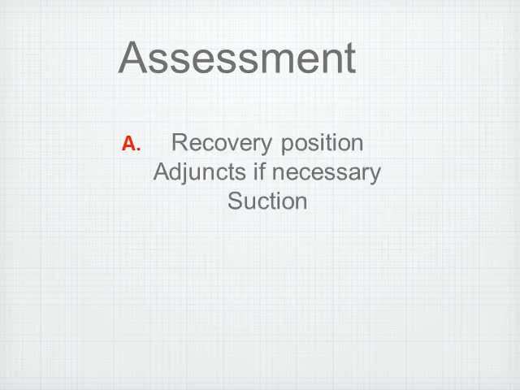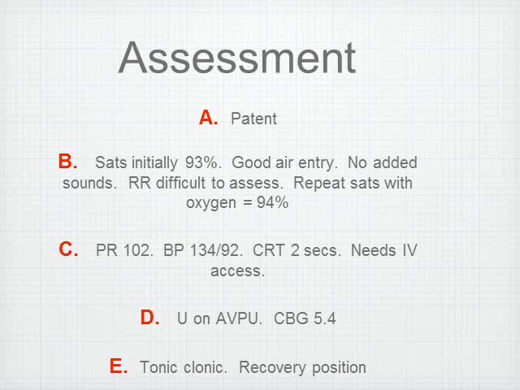And you can obviously think about everything we talked about before. Their stats initially were at 93, so quite good air entry and no added sounds. And then repeat sats with oxygen were 94, so that was okay, we weren't too concerned about that. And then I found during the placement that one of the good ways to tell the difference, though it doesn't always follow, is if someone's sats are absolutely fine during a seizure.